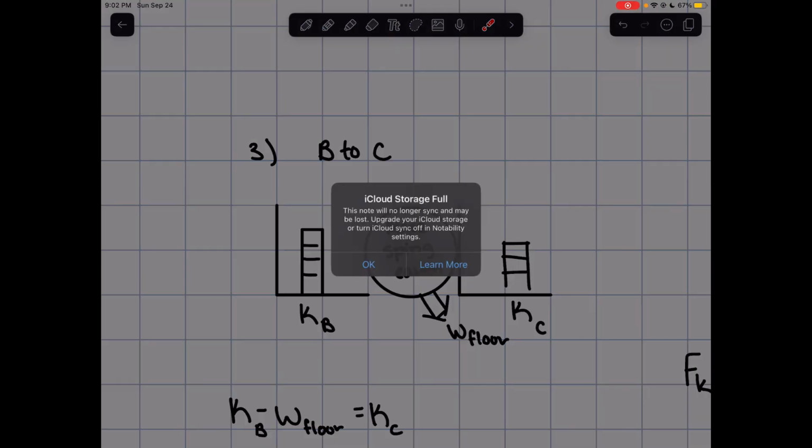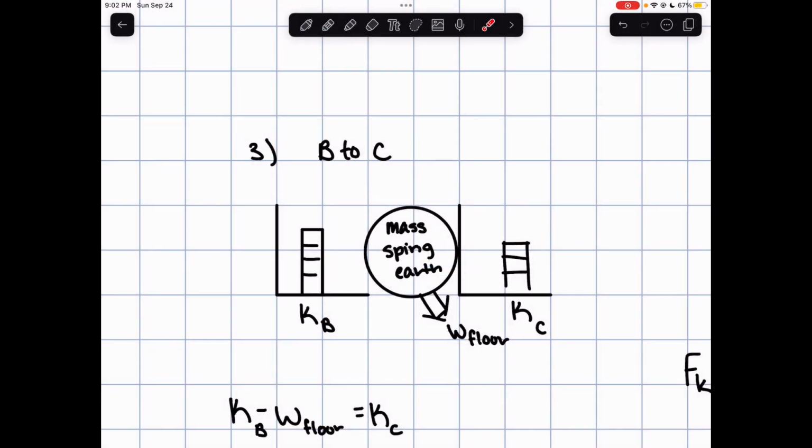First, let's do this by setting up an LOL diagram. We know that at point B, like we said earlier, it's all kinetic energy. We have the same system, but this time, since there's friction, energy is lost due to the floor. That results in the kinetic energy at point C being less than it was to begin with.